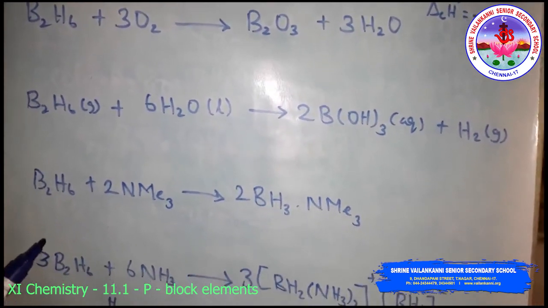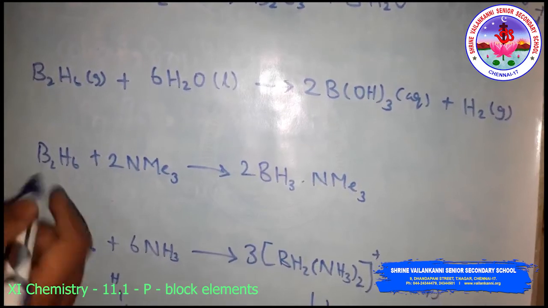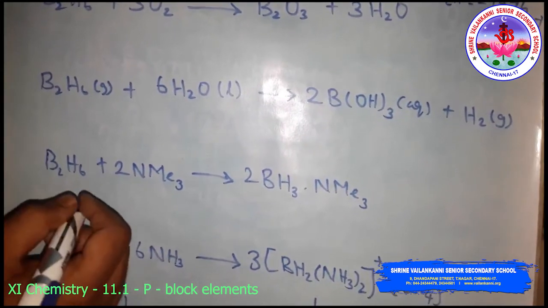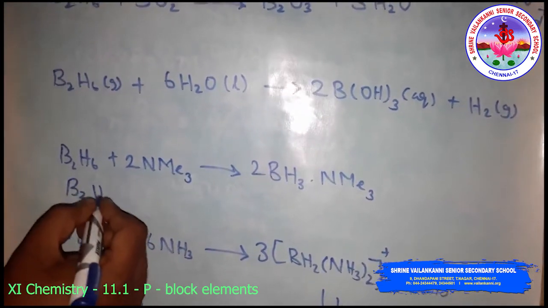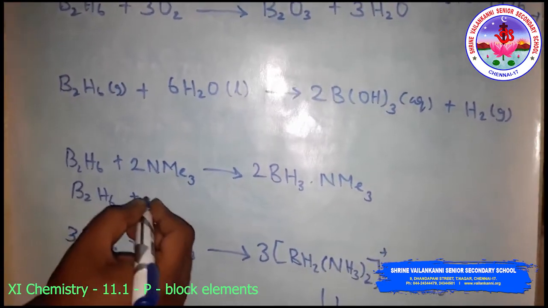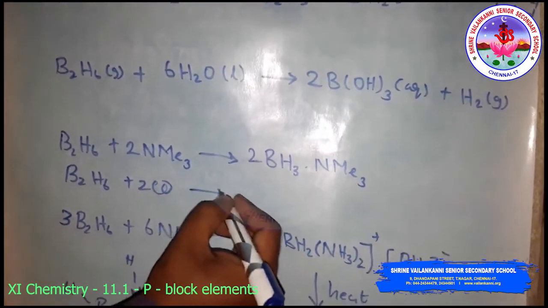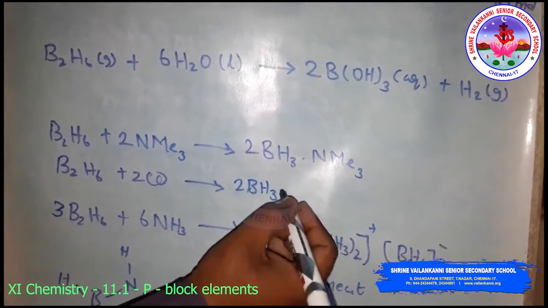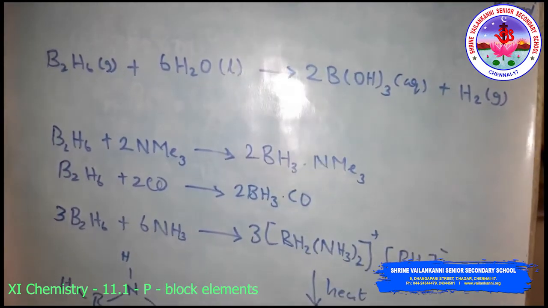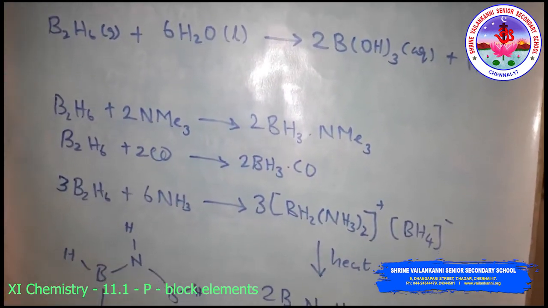Then suppose if you add carbonyl, that is B2H6 reacts with 2 moles of carbonyl group to obtain 2BH3.CO. Here the attaching group is the Lewis base.